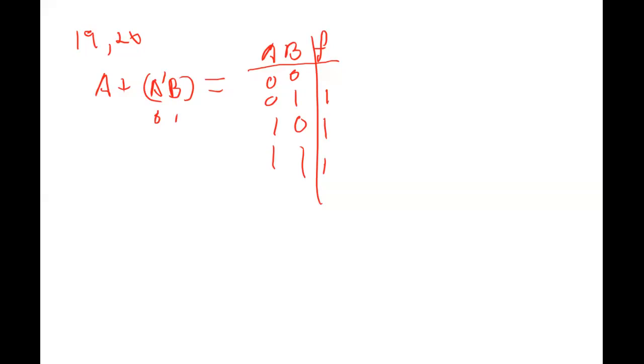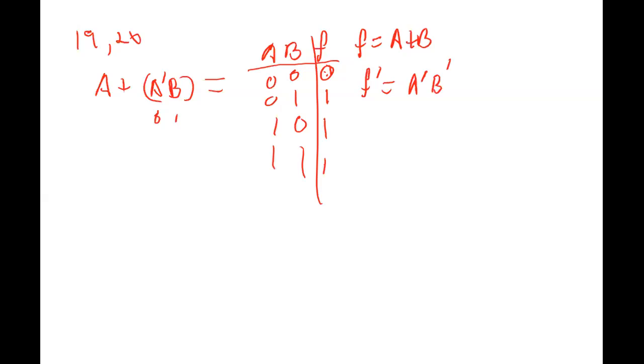What if A is equal to 0 and B is equal to 0? Well, then it's going to be 0. So now it looks like F must be equal to either A or B. Or you could say F prime, which is where F is 0, is equal to A prime and B prime.